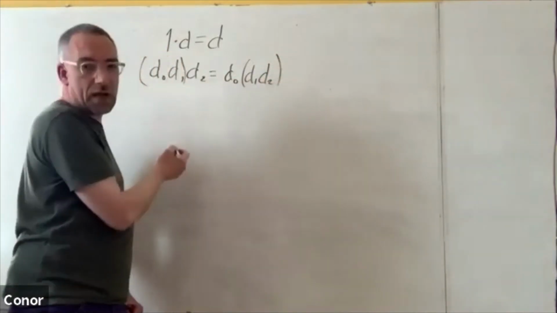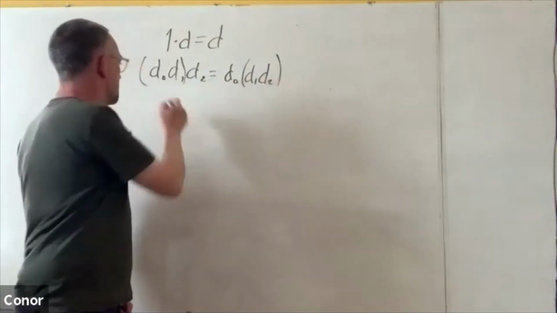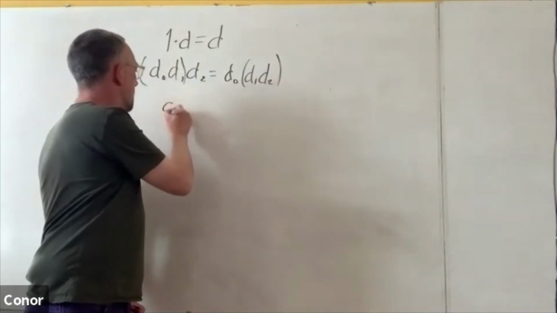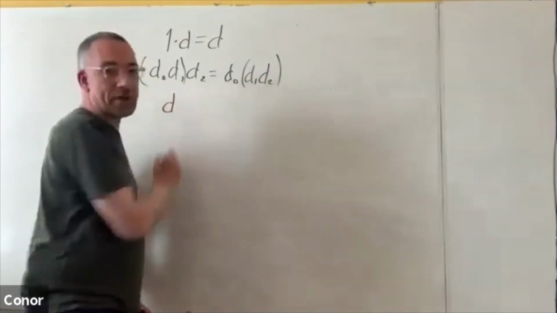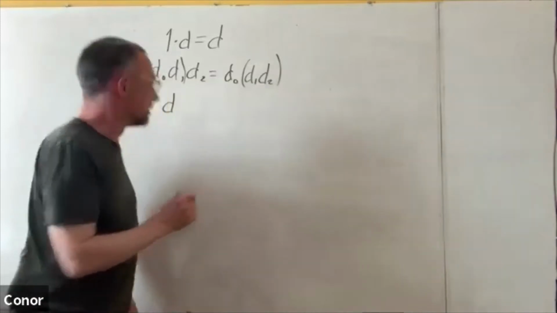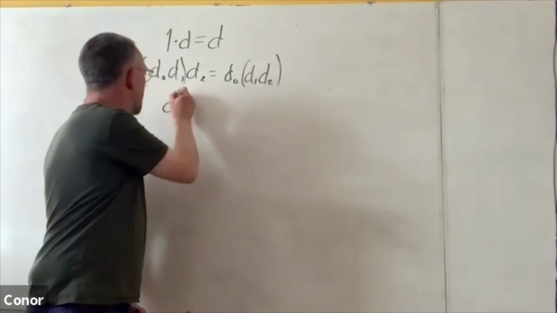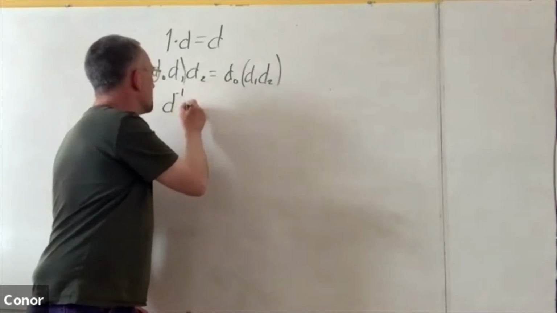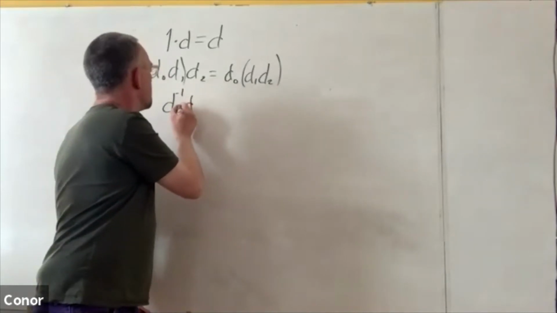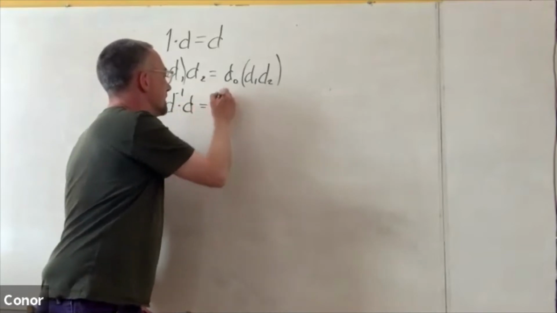We're also expecting, maybe I could branch out with a whole other letter, that we can invert things. We know that there are hertzes as well as seconds. So we expect that d inverse times d is 1.